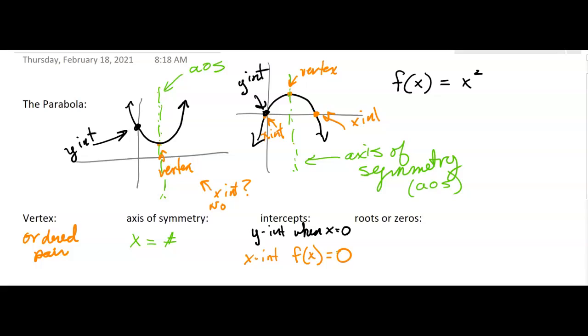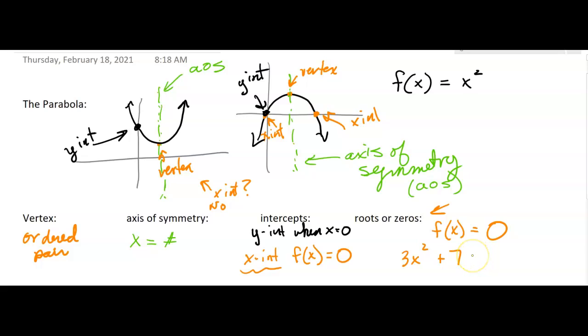Now, they use some terms somewhat interchangeably. We were talking about x-intercepts. Those are also referred to as the roots of the function or zeros of the function. And what we mean by zeros is we're saying when does f of x equal 0? So let's say you have a quadratic function, I don't know, 3x squared plus 7.